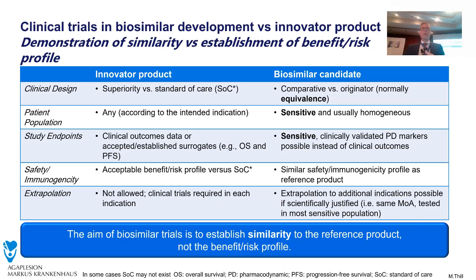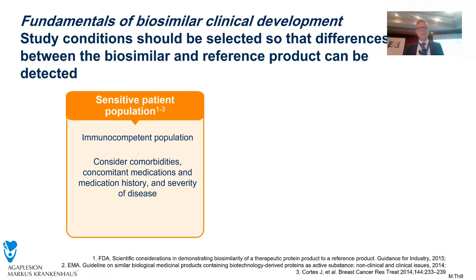So this is the dilemma between response rate and, on the other hand, clinical outcome and in terms of clinical benefit and survival. And then you have the issue of safety, immunogenicity, you have to observe the whole development process, and then extrapolation. And extrapolation is the talk of Paul coming after my talk.